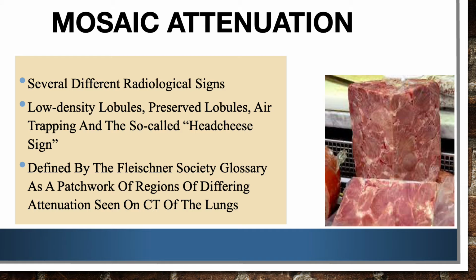Now, mosaic attenuation refers to several different radiological signs together. So there may be low density areas, there may be high density areas, there may be preserved areas, there may be air trapping. And classically in hypersensitivity pneumonitis, mosaic attenuation has been described as the head cheese sign.